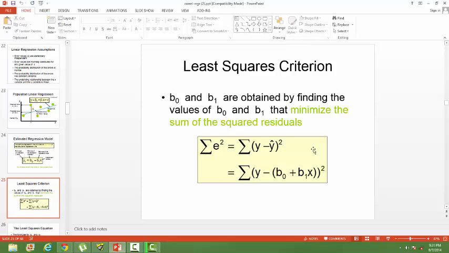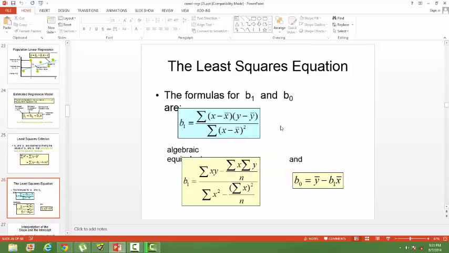So we do the minimization. We use differential calculus to find the intercept and the slope coefficient. Y and x are both given to us, and we have the sum of squared errors. All we need to find is b0 and b1, and we can find them using differential calculus. By using differential calculus and doing some mathematical steps, we can arrive at these formulas.